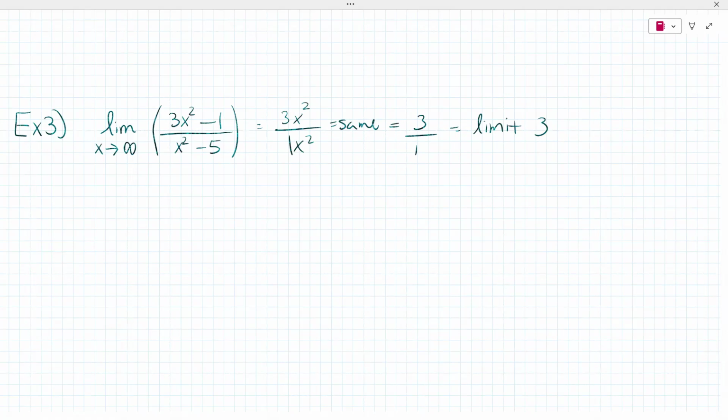Now we've got to do some algebra. Look at the denominator. The highest term is x squared, so you're going to divide each term by x squared. You're going to rewrite this as the limit as x approaches infinity, and then divide each term by x squared. So this is going to be 3x squared over x squared minus 1 over x squared.